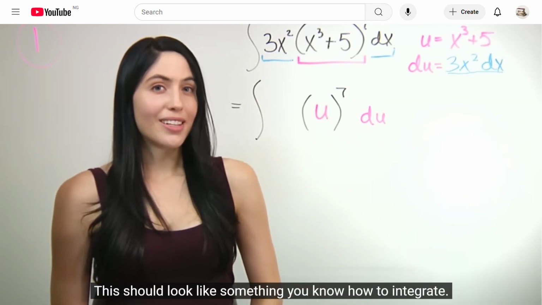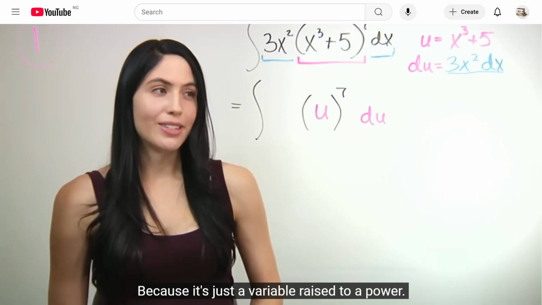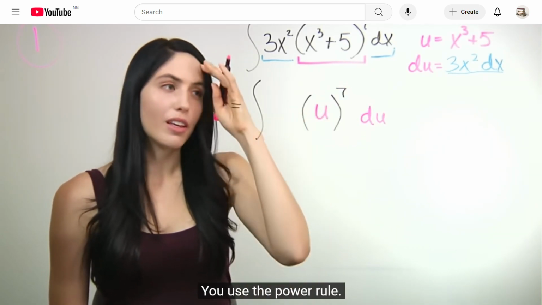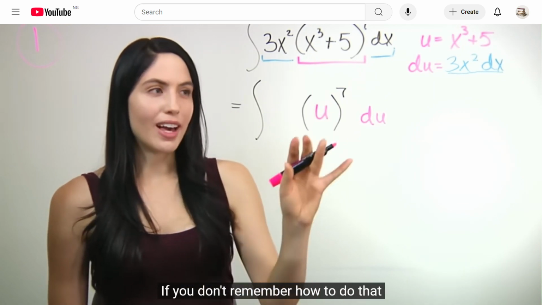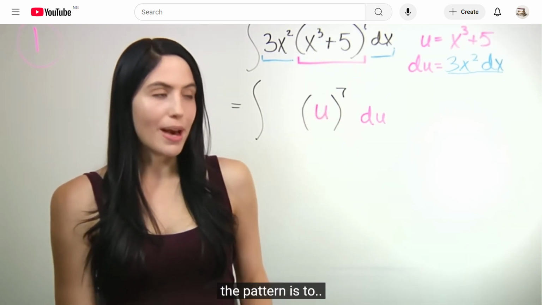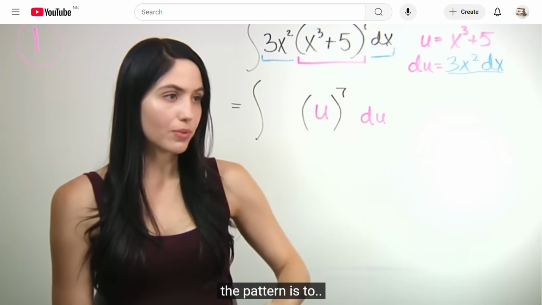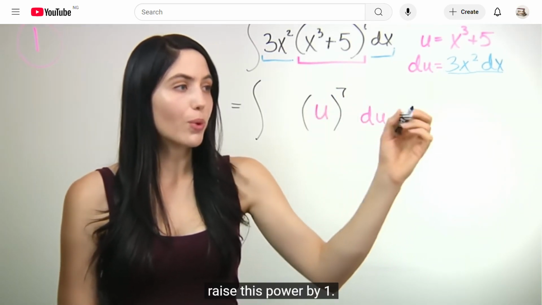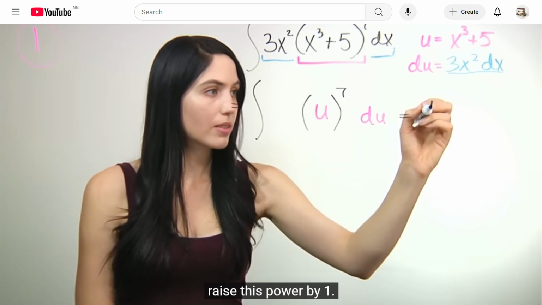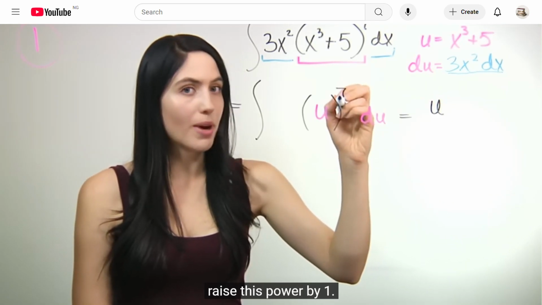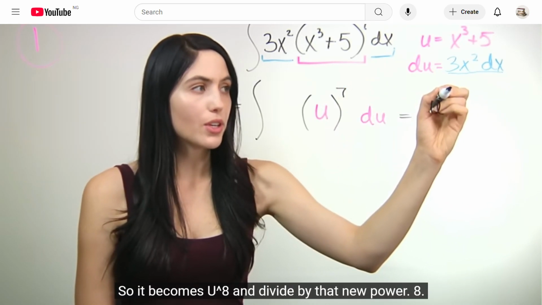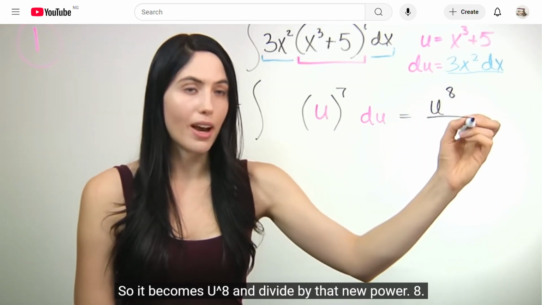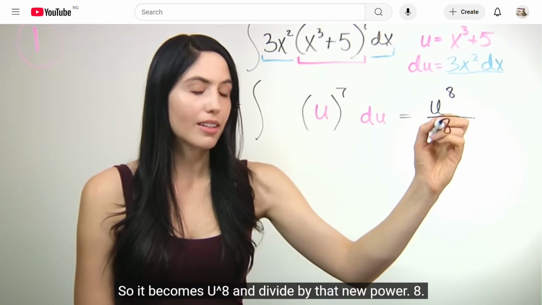This should look like something you know how to integrate because it's just a variable raised to a power. You use the power rule. If you don't remember how to do that, the pattern is to raise this power by 1, so it becomes u to the 8th, and divide by that new power, 8.